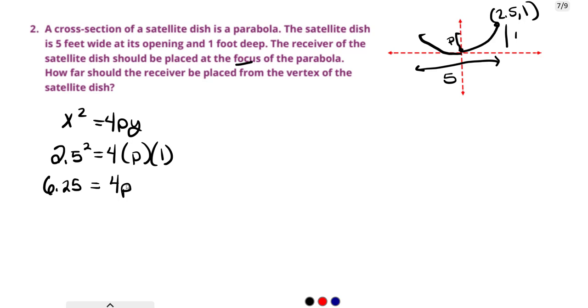So when we take 6.25 and we divide it by 4, we get that p is 1.5625, which is 1 9/16.